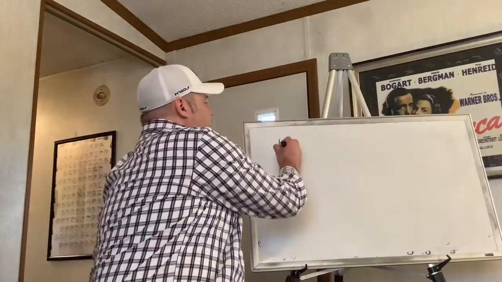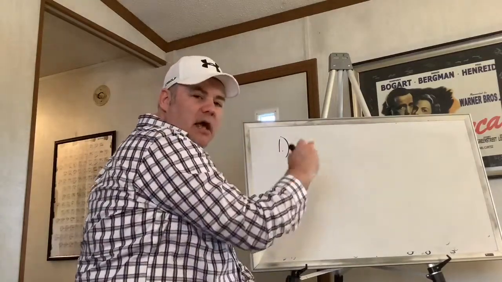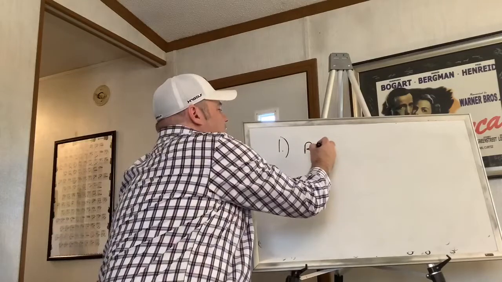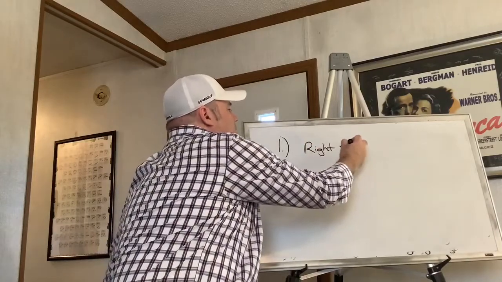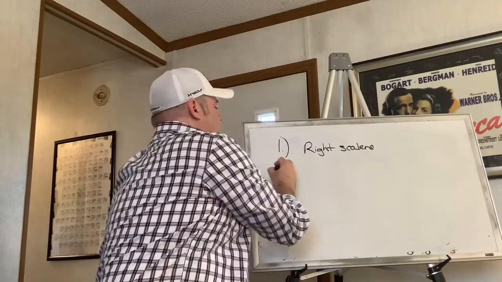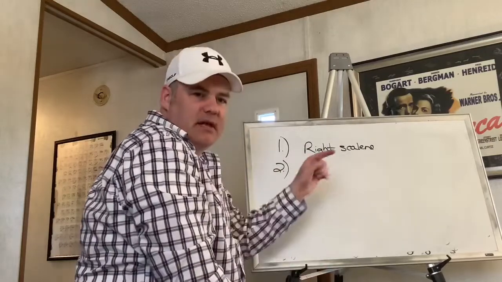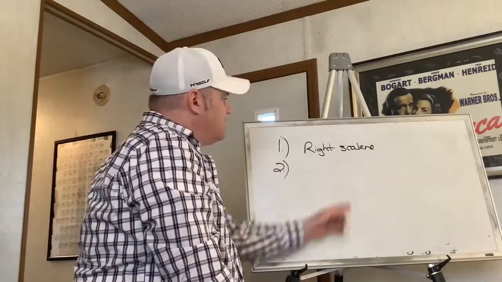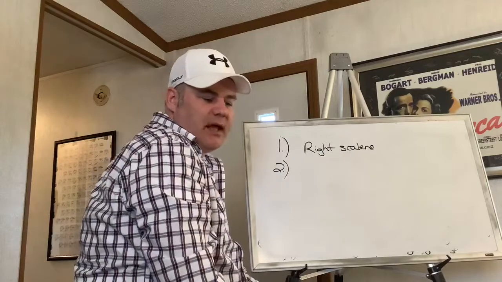But the ones from yesterday, you had the 3, 4, 5 triangle that had a right angle, so it was a right scalene. Okay, because none of the sides were the same, 3, 4, 5, so it's scalene, and then it had a right angle, so it's right.